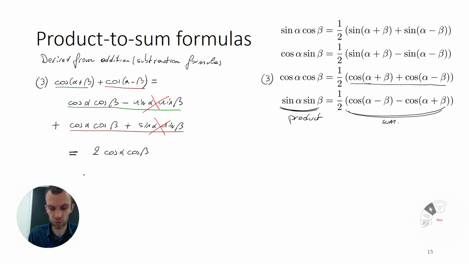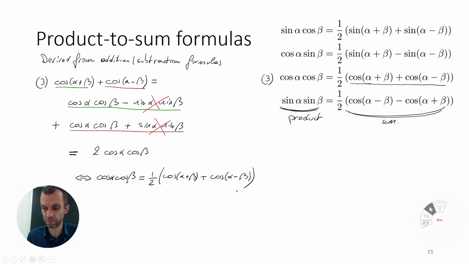And now if we want to write this the same way as it's written on the right-hand side, we can divide by 2 and we get cos alpha cos beta is 1/2 cos alpha plus beta plus cosine alpha minus beta. The other expressions you can derive exactly in the same way, just by using the addition subtraction formula.